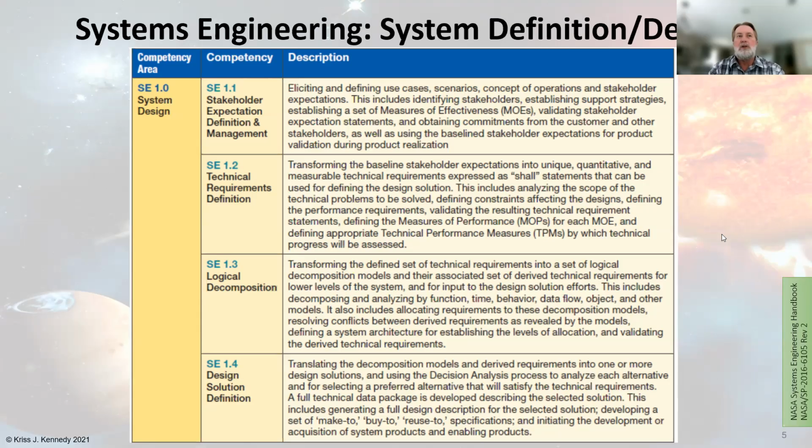And then you get into your design solution definition, where you get into your trade studies, your analysis, and the full technical data package describing your selected solution. Then you get into understanding and description of those solutions, whether you're going to make it, buy it, reuse it, those specifications and how those impact your decision making.